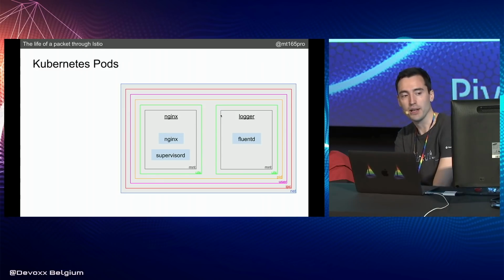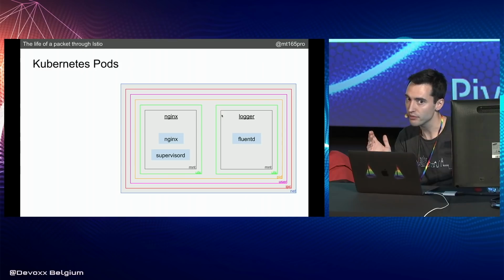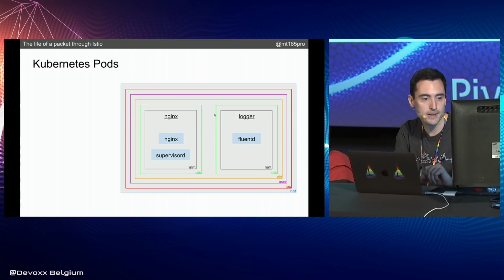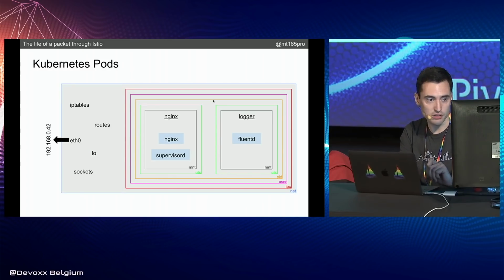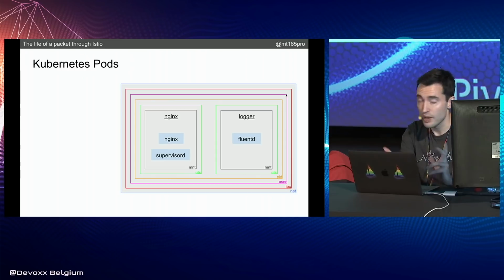And what's actually happening is, if you think about it, they have to have separate mount namespaces because they both need a different file system root, a different / to run from their different images. They actually both have separate UTS namespaces, so they can have different host names. But they share the other namespaces, so they can see each other's processes. They can see the user IDs that each other use, and this is important to Istio soon.